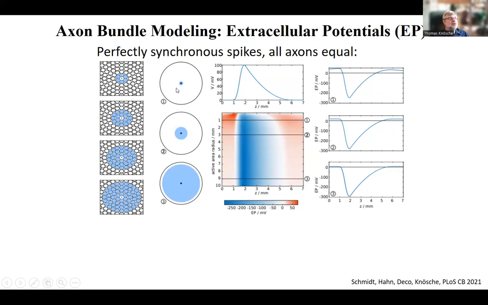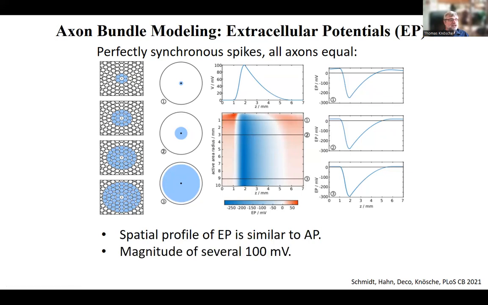If we now assume that all these surrounding axons carry a perfectly synchronous spike, then the extracellular potentials will add up, and if we have a diameter of more than 1 millimeter, we will have extracellular potentials in the order of several hundred millivolts, which have a spatial profile similar to an action potential. And this converges at a fiber bundle diameter above about 1 millimeter, so quite small. However, in reality, of course, these action potentials are not all synchronous.